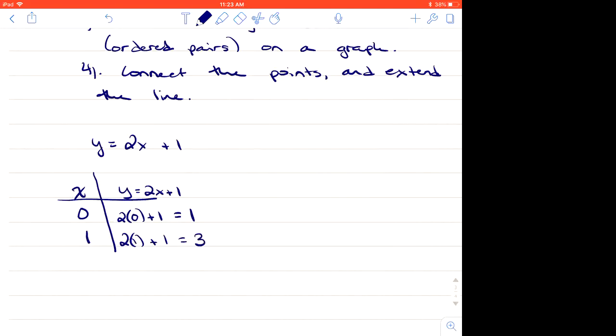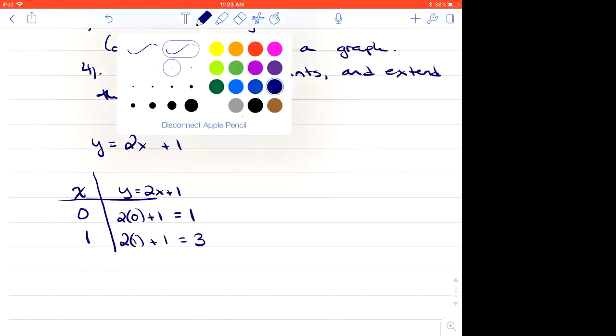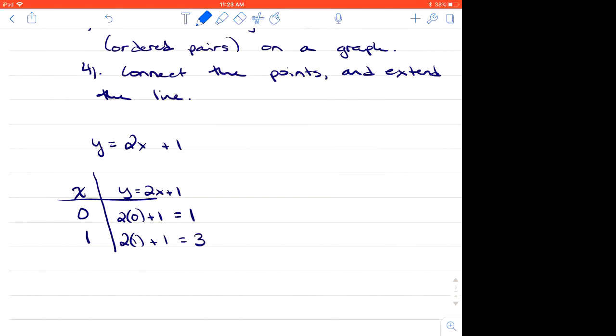Okay. Just as a little note here, in the form of x, y, ordered pairs, this first point would be 0, 1, and the second point would be 1, 3. Just as a heads up.